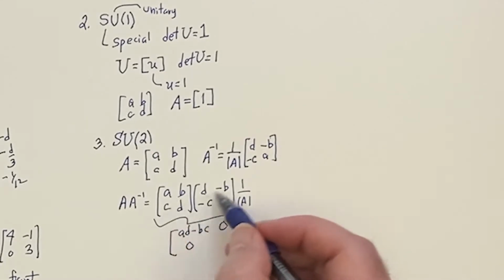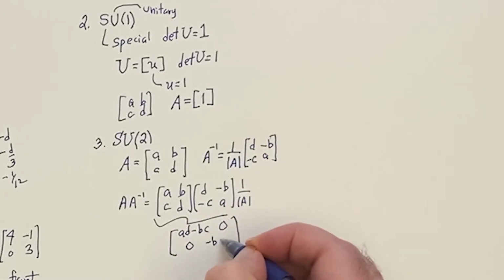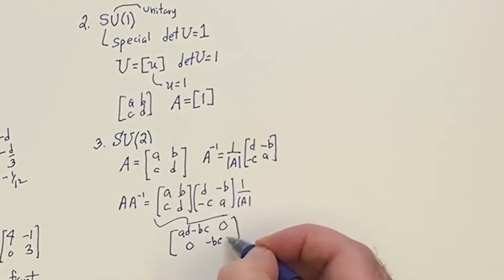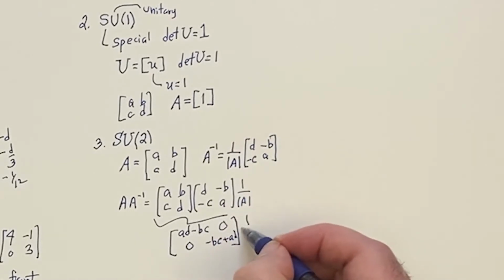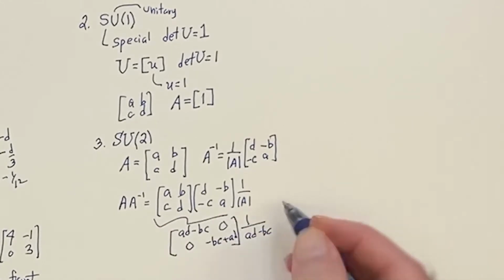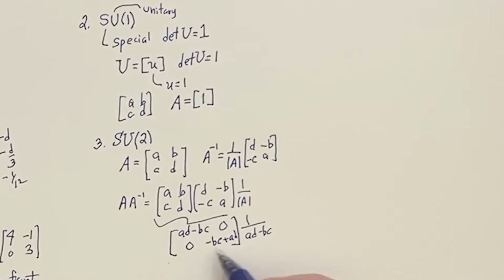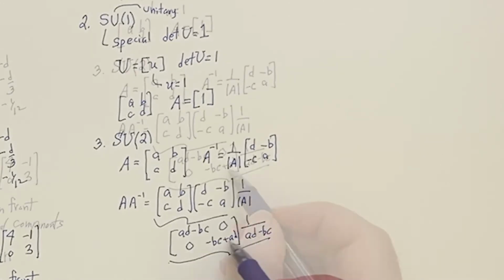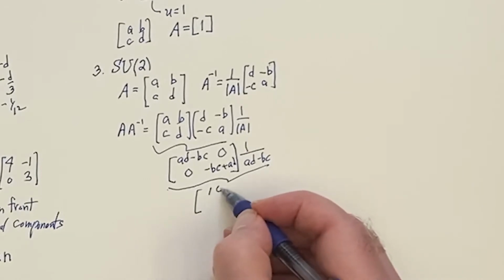And then here, this is a negative BC plus AD. But the determinant is AD minus BC, which means I get a 1 up here, and this is a 1 also. So I get a 1 up here and a 1 down there. So it works.